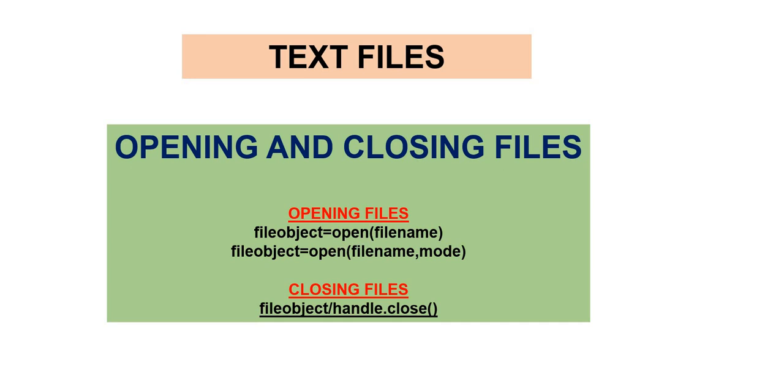So I will do the other thing also, file object, open file name and mode. Then we have closing files. Here we have file object and close function. So this will be more clear in codes.